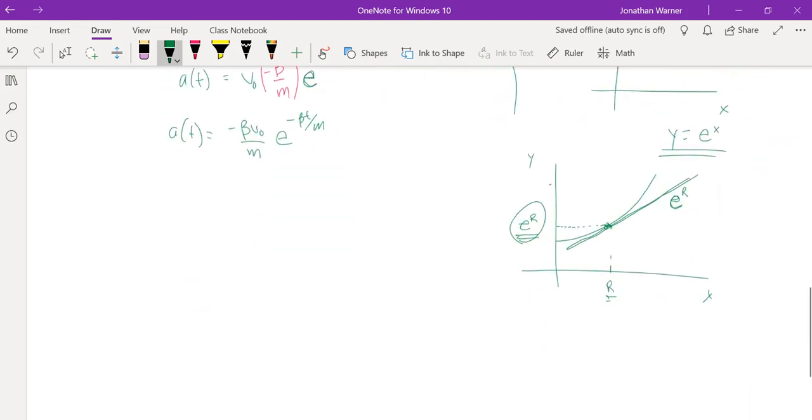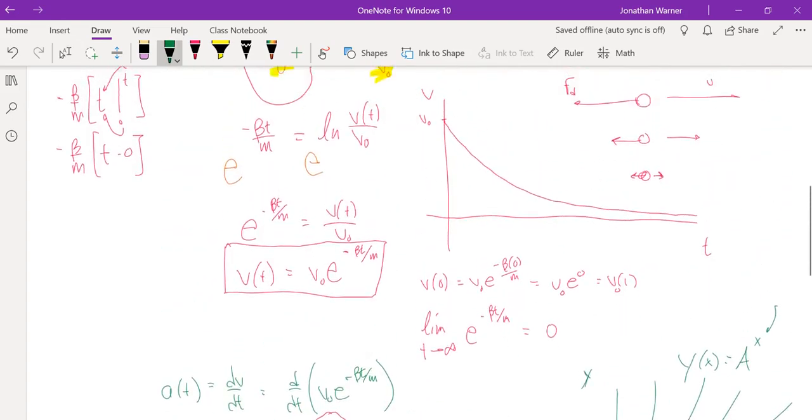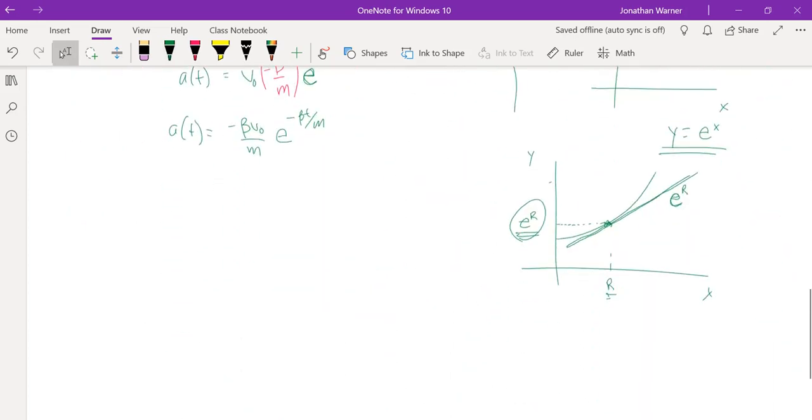All right, so what's that function look like? Here's t, here's a. Notice that all the a's are negative.